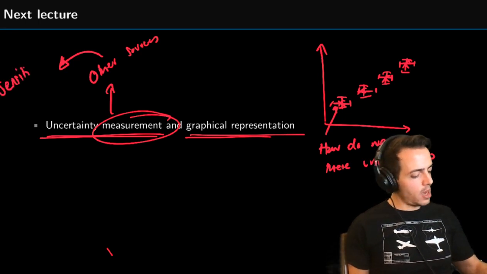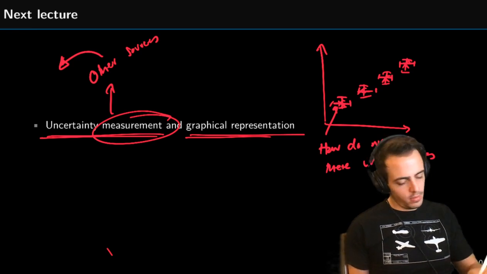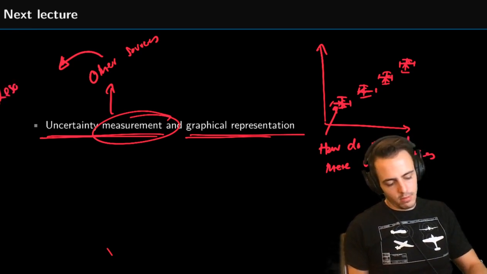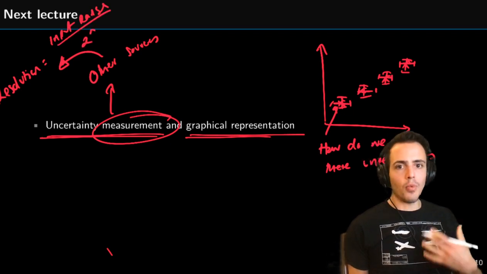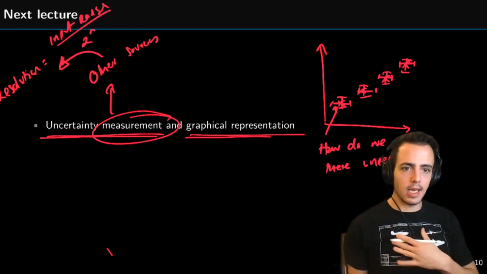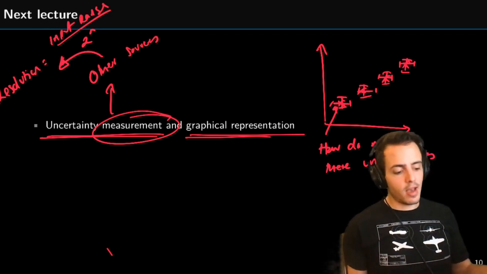Sorry, I don't mean sensitivity, I mean resolution. Again, we remember that the resolution is going to be equal to the input range divided by 2 to the power of n, where n is the bit count of our ADC. So we've got to include that in our uncertainty measurements.